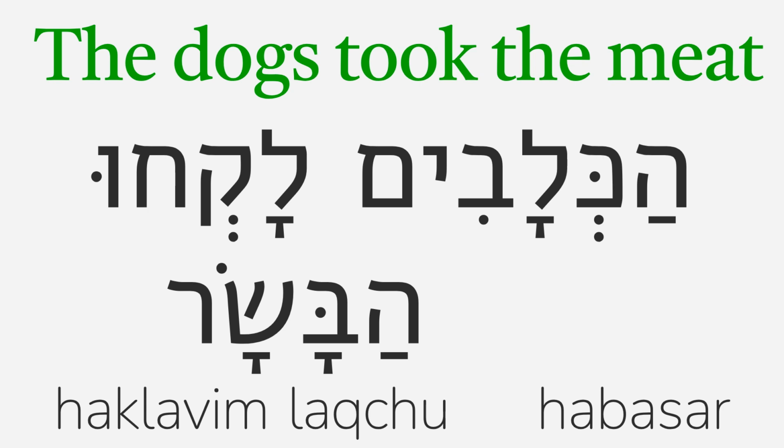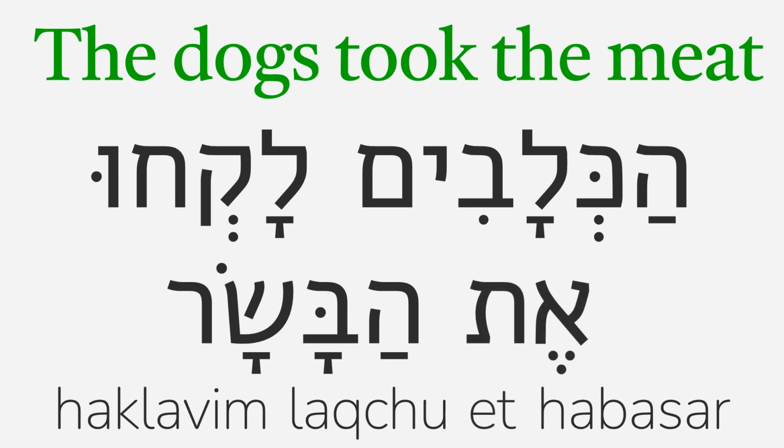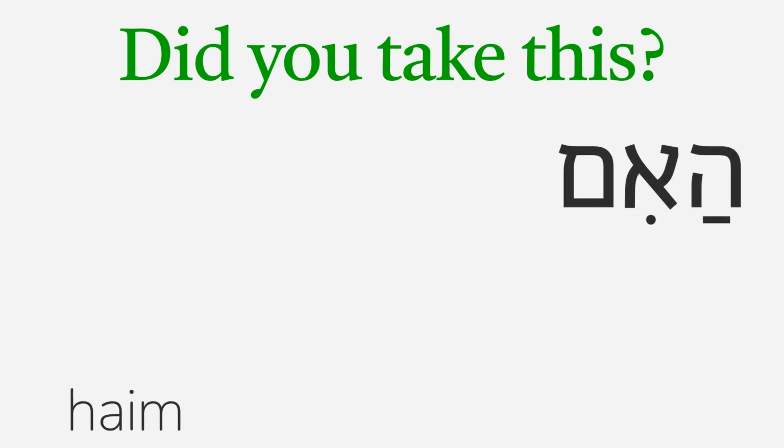Since habasar is definite, with that ha meaning the, and also is the direct object of the verb lakchu, the preposition et must go before it. So the dogs took the meat is haklavim lakchu et habasar. The dogs took the meat. Haklavim lakchu et habasar.